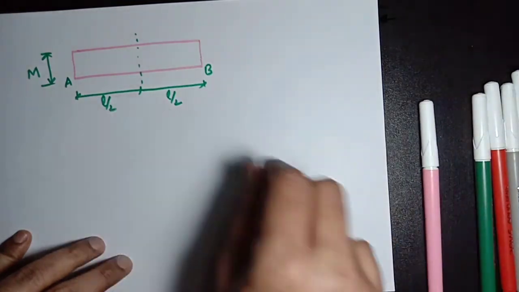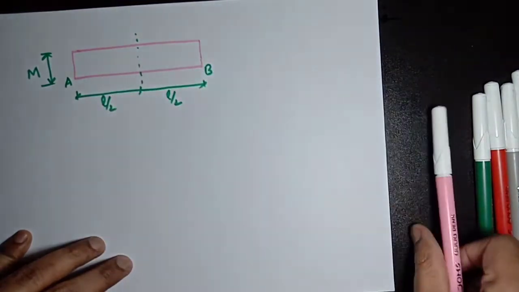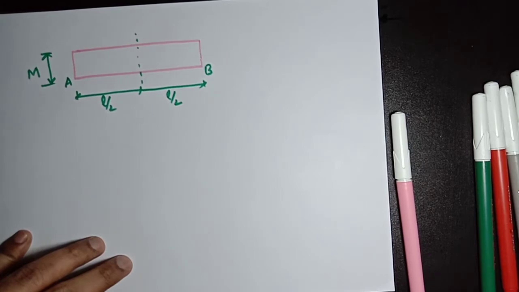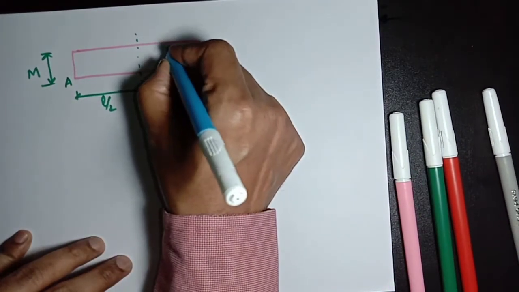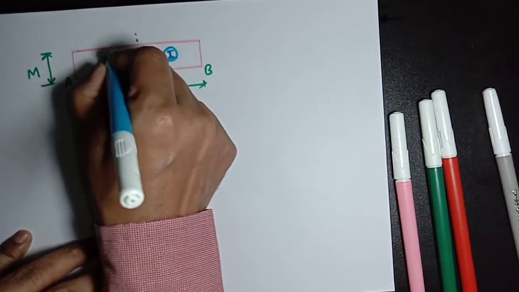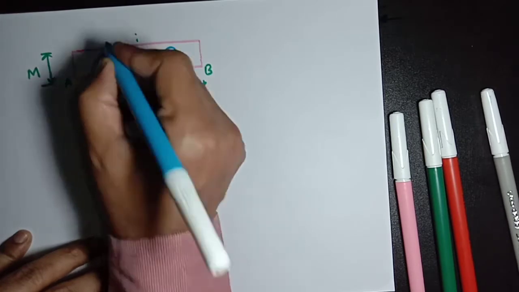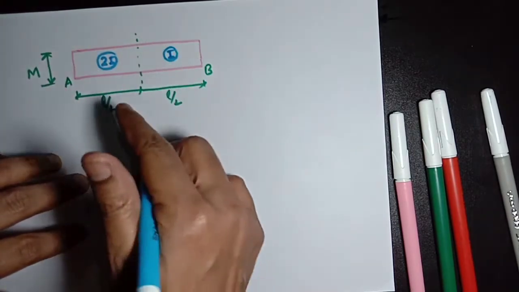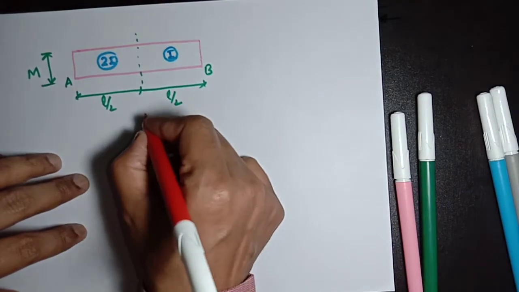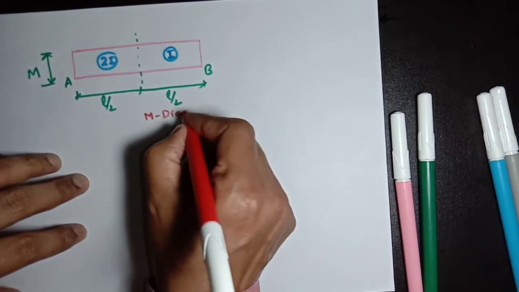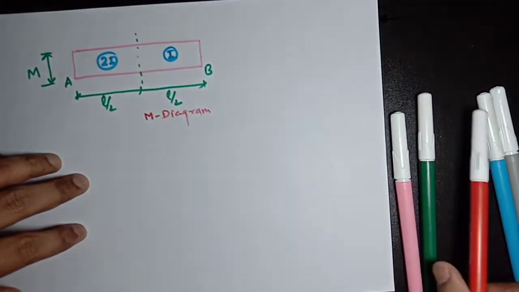Half of this length of the beam has a moment of inertia value I, and here it is 2I. This is the M diagram.